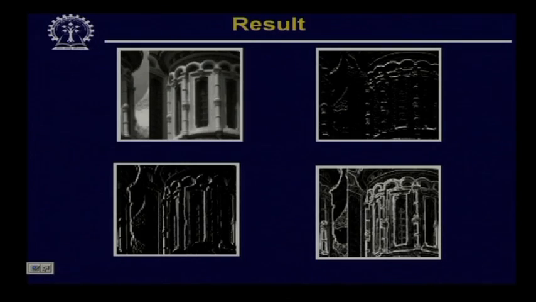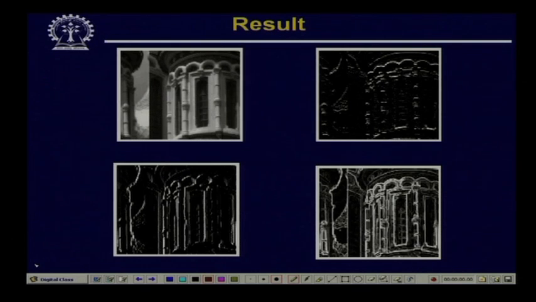Now, let us see what kind of result we can have by using these edge detection operators. Here we have shown the result on a particular image. The top left is our original image.